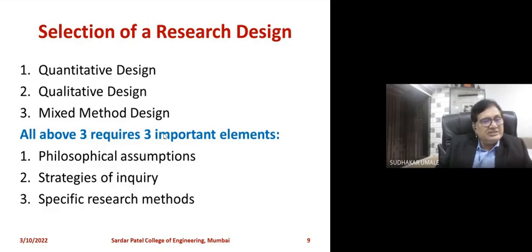Inquiry is research with knowledge and understanding. So what strategies you are making during your research work, you have to decide first. Then third, specific research methods: you have to select some specific research methods to find out the accurate research design method.